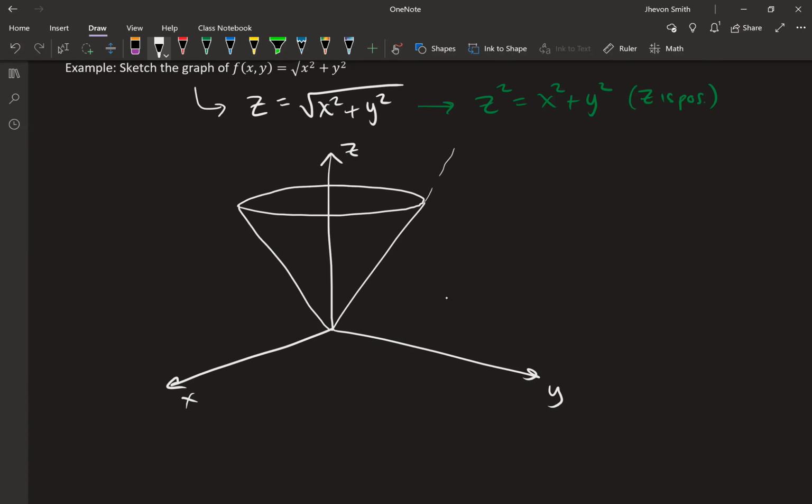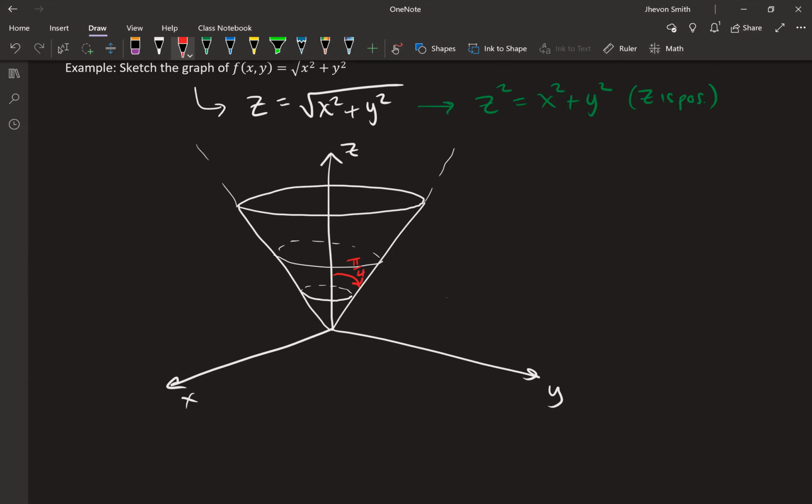But of course, it goes on forever. I'm just drawing one part of it. Right? And of course, we know that the angle here is pi over 4. Okay, so that's the graph of this thing.